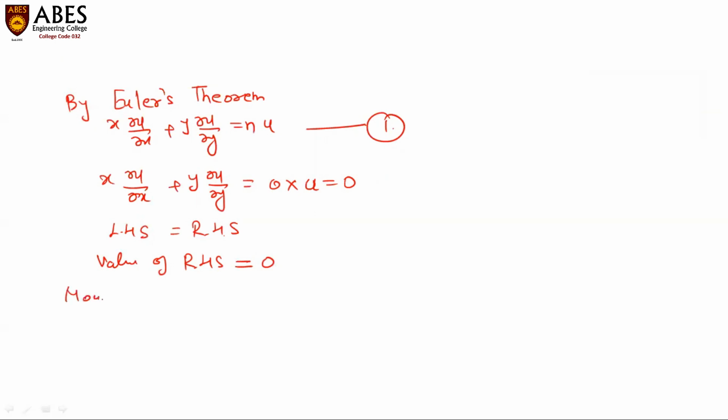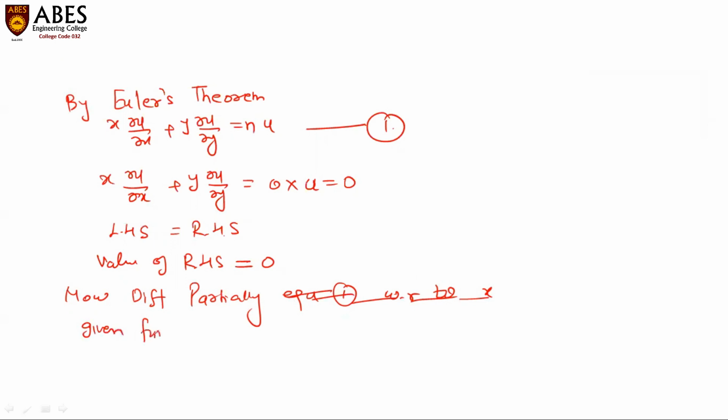Now differentiate partially, not equation number 1, the given function u equal to sine inverse x by y plus tan inverse y by x with respect to x.